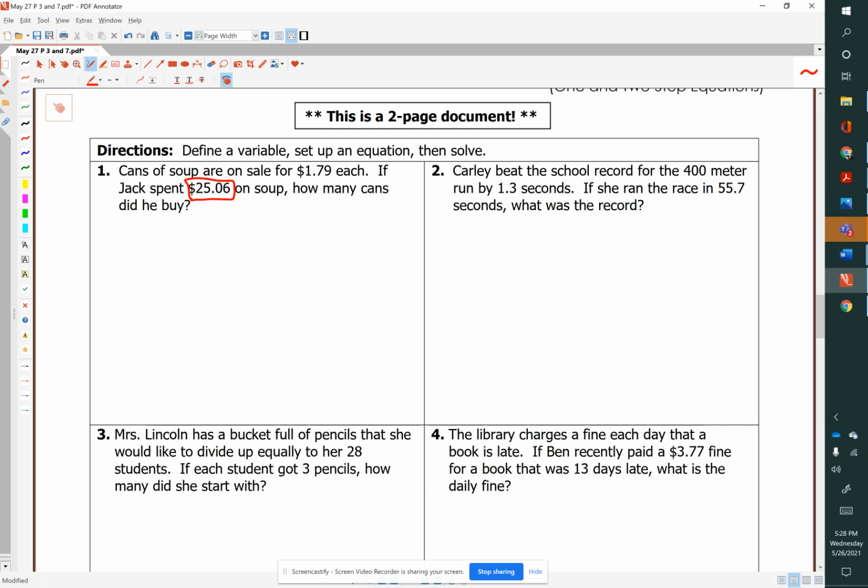Now, some of you might think, well, let me just divide 25.06 by $1.79. And that's fine, but we want you to think algebraically. We want you to think in terms of a variable. So let's let X equal the number of cans.